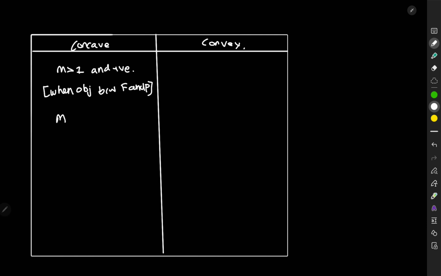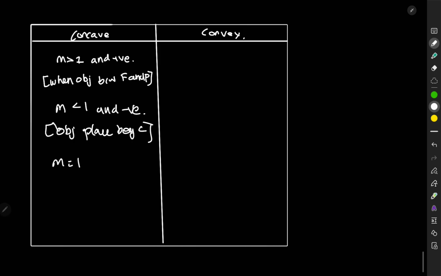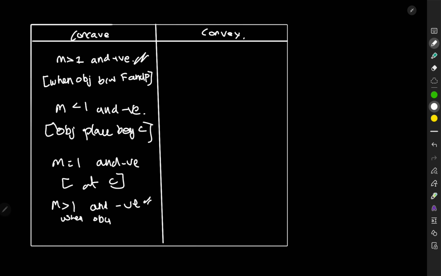When m is lesser than 1 and negative, object placed beyond c. When m is equal to 1 and negative, object at c. When m is greater than 1 and negative, object between c and f.